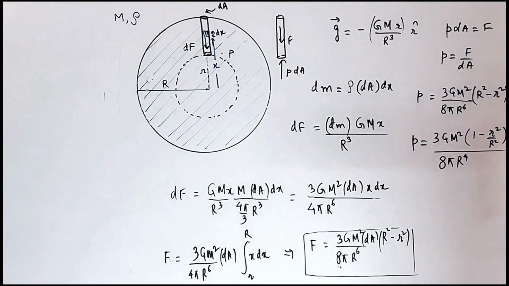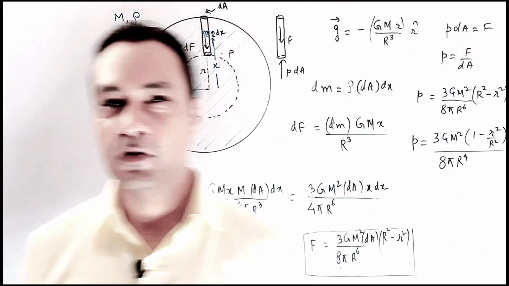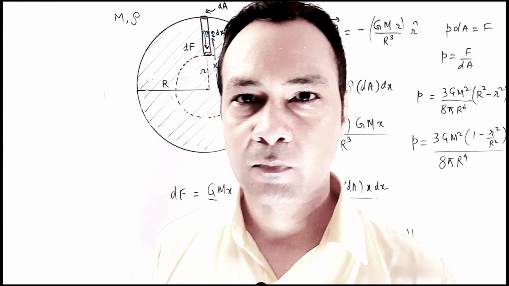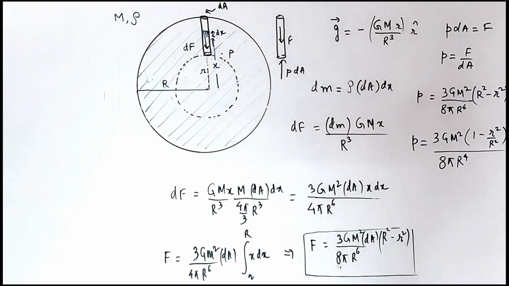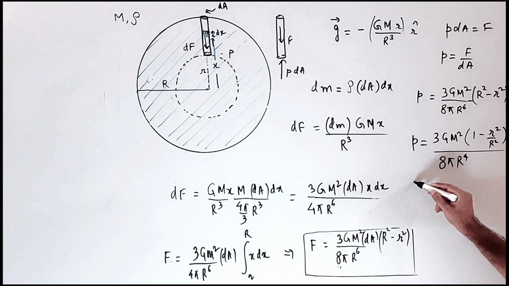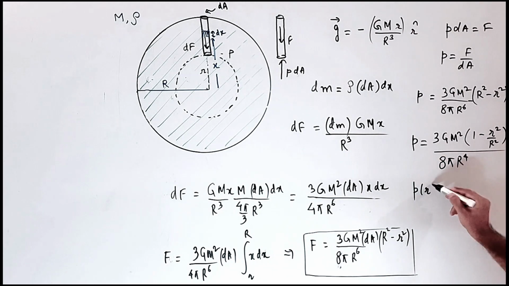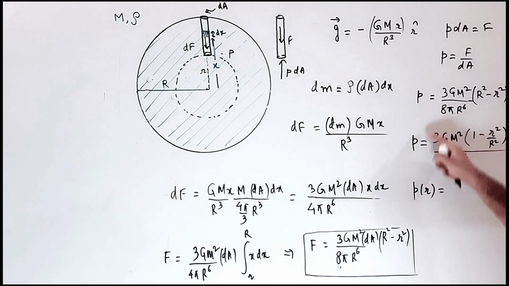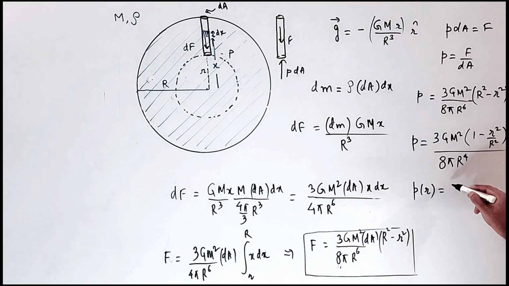We have to compare the pressure at different points. This whole thing is a constant. So I can write the pressure at distance r as equal to, let me write this whole thing as some constant k, so simply k into 1 minus r² by capital R².